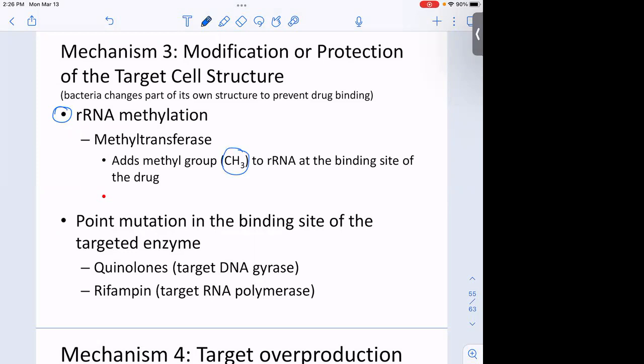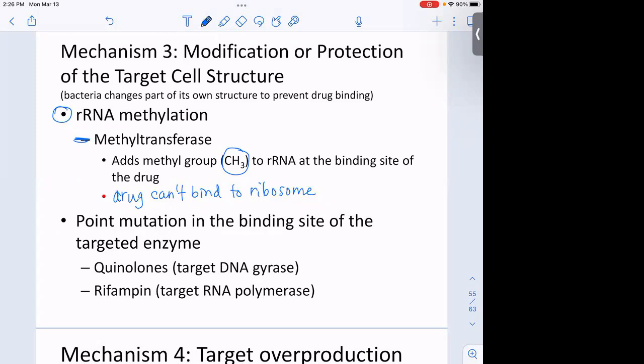They acquire the ability to make these methyl transferases that will add a methyl group to some of their ribosomal RNA, usually in the small subunit. And then basically the drug can't bind to the ribosome. Okay, so it doesn't affect the function of the ribosome or the protein synthesis of the bacteria, but the drug can't bind.